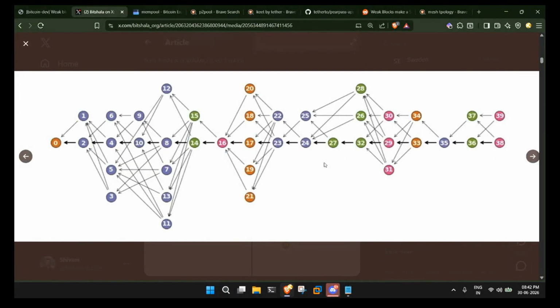And in that, let us suppose this is the one who found the successful block. In that case, all others who have contributed will get their share, and that has already been written in the template. That will make the pool decentralized, and you don't need to trust someone that you will get the reward.